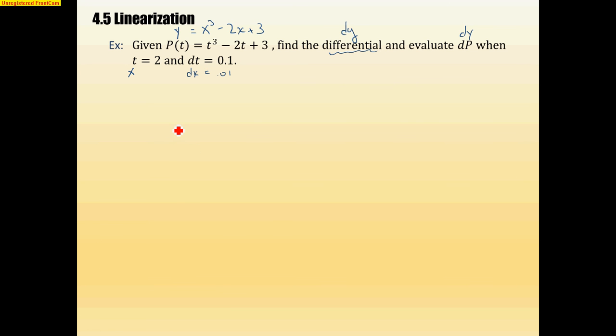So, step 1, actually find not dy, but dy dx, which is just f prime of x. You know how to do that. If y equals x cubed minus 2x plus 3, dy dx is 3x squared minus 2.